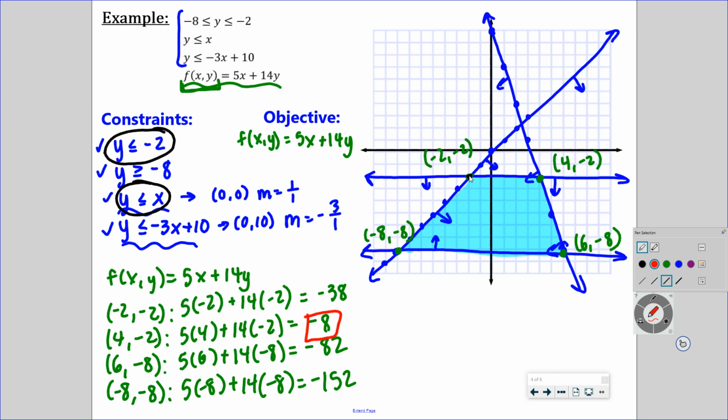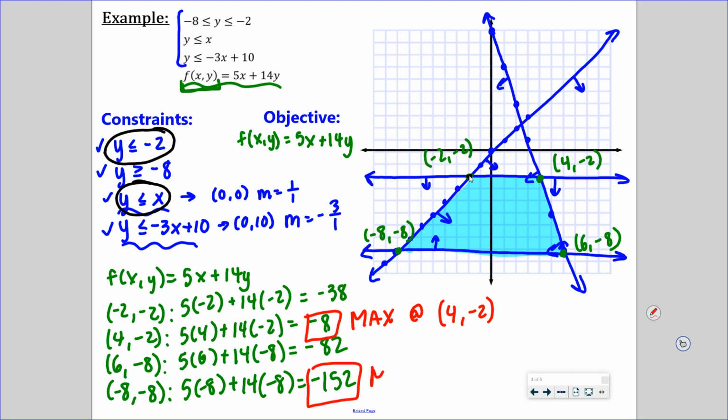This right here is your max value, and it's at the point (4, -2). So of your solutions in that whole shaded region, that's the biggest solution point. A lot of these are word problems, so it makes more sense there. Which of these is the lowest number? -152. There's your minimum value, and that's at the point (-8, -8).